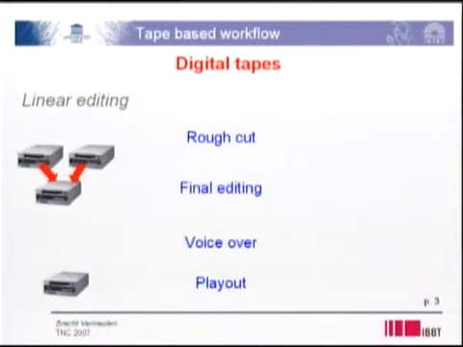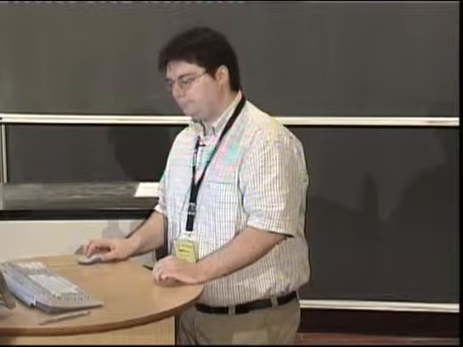A little history about workflows in the media world. In the first step, they had linear editing. The idea was digital tape. The video was already a long time digital, stored on tape, with linear editing. They had different video recorders.